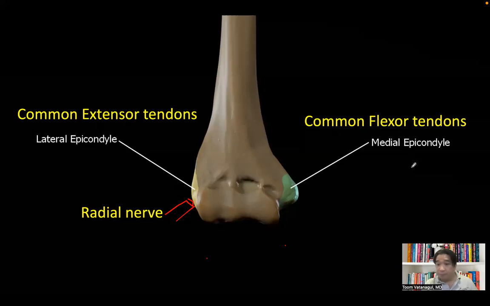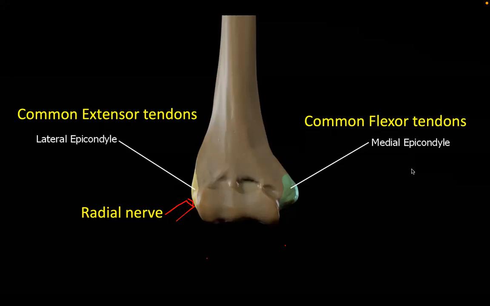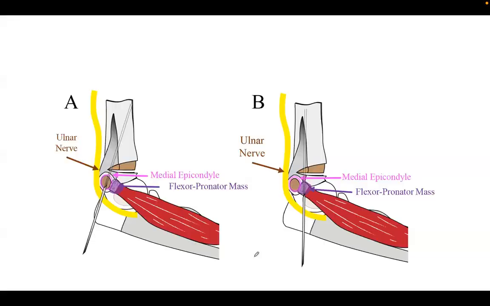Perfect. It's going to be the ulnar nerve, while the radial nerve is going to be in close proximity to the lateral epicondyle.